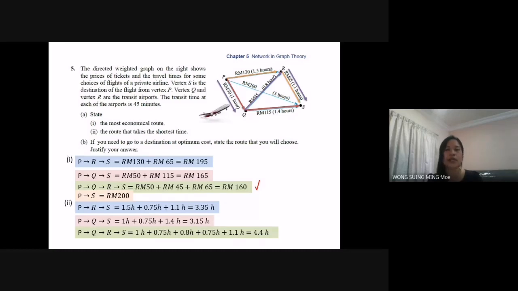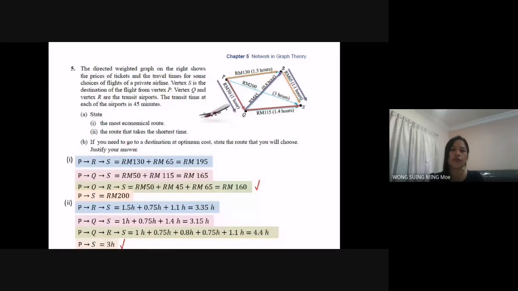So must plus 0.75 hour. Then plus R to S. R to S is 1.1 hour. So total is 4.4 hour. And PS, direct flight, so 3 hour. So from here, the route that takes the shortest time is P to S.